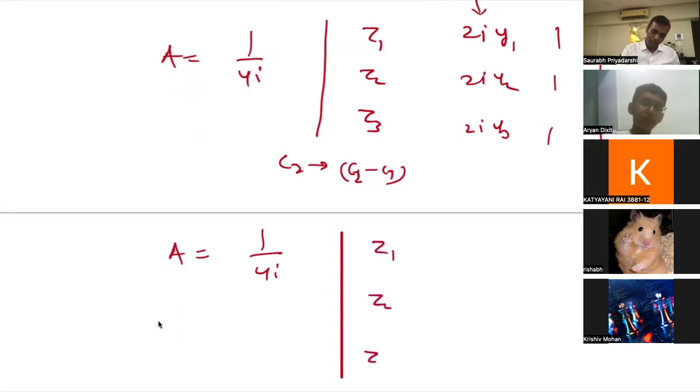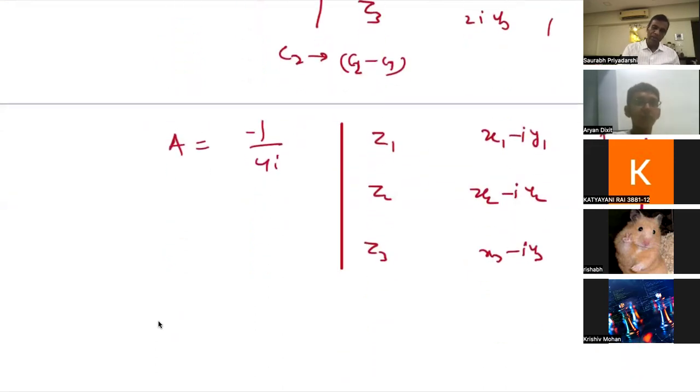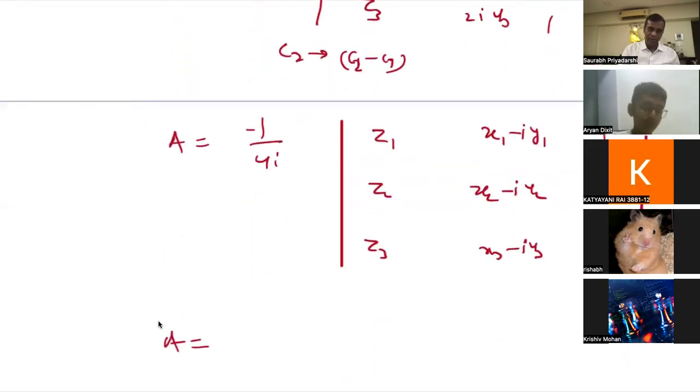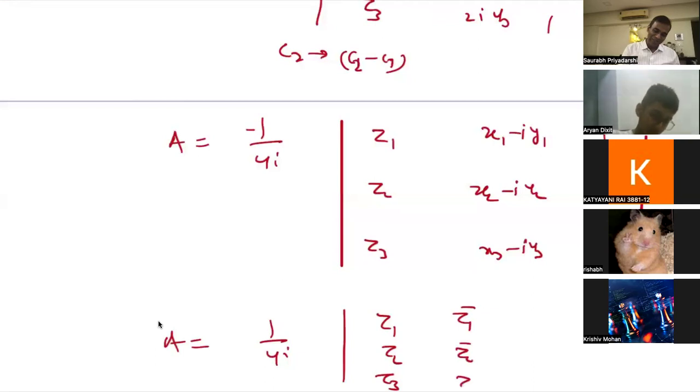Z1, Z2, Z3, and then X1 minus iY1, X2 minus iY2, X3 minus iY3, 1, 1, 1. So I can say this is 1 by 4, conjugates. Very good. Z1 bar, Z2 bar, Z3 bar, 1, 1, 1. Is this okay?